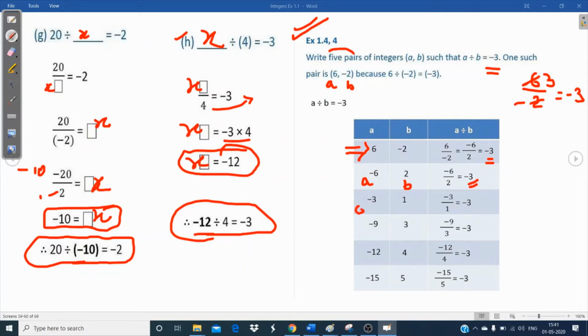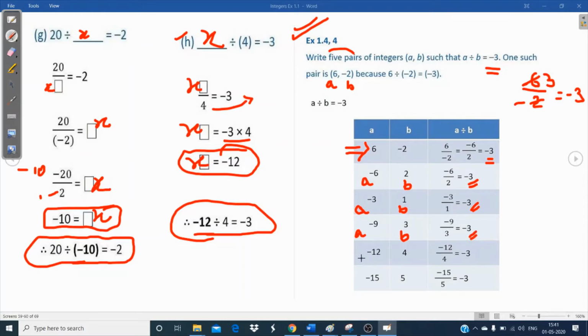Now, another example I have taken. A is minus 3. B is 1. So minus 3 divided by 1, what you will get? Minus 3 itself. Now, I have taken one more example. A is minus 3, B is 3. So 3 ones are 3, 3 3s are 9. So when you divide, again you will get minus 3.